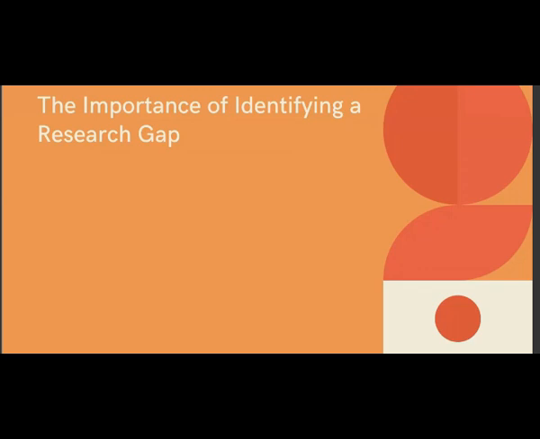You already have some ideas on the problem, on the gap of the research or the issue that has been studied before. So it's very important to identify a research gap because, like I said, it is the beginning for you to identify the direction for your potentially new and exciting research.